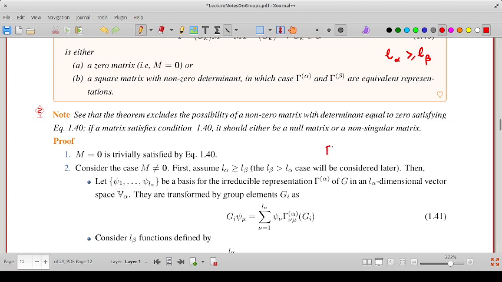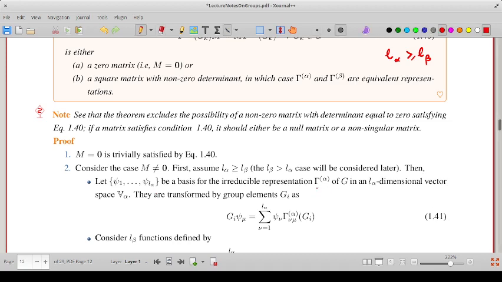Since gamma alpha is an L alpha dimensional representation, there should be L alpha basis vectors. So in the vector space V alpha, we have L alpha basis vectors psi 1, psi 2, etc. up to psi L alpha that form a basis for the representation gamma alpha.